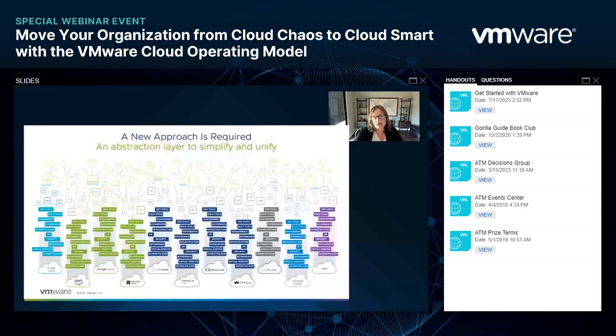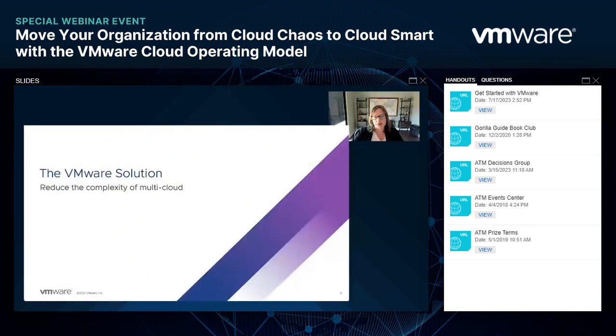And so we at VMware know that a new approach is required, where we provide an abstraction layer to simplify and unify across these different types of cloud platforms. So let's talk a little bit about what that solution consists of.